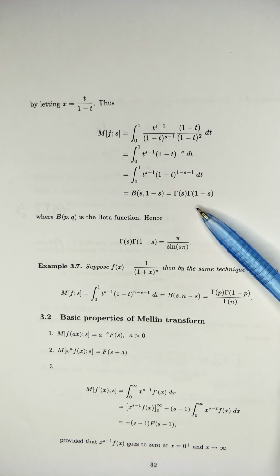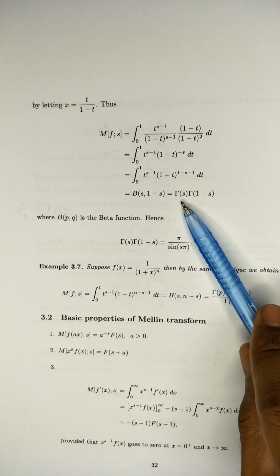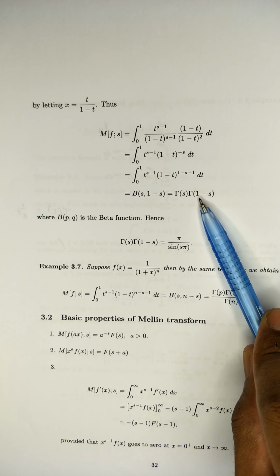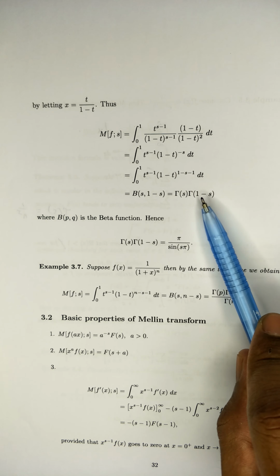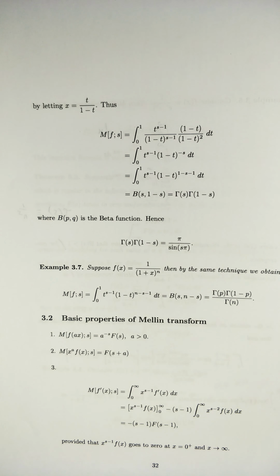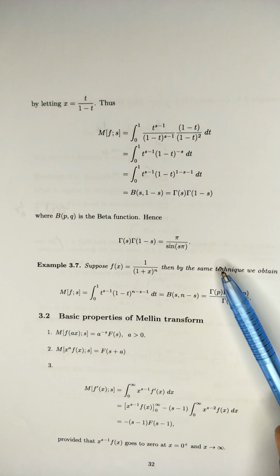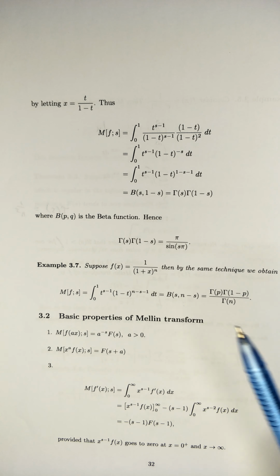So this is given as the beta function B(s, 1-s), which is gamma(s) times gamma(1-s), and we can find this as pi over sine of pi s. And this is another example that gives you the beta function.